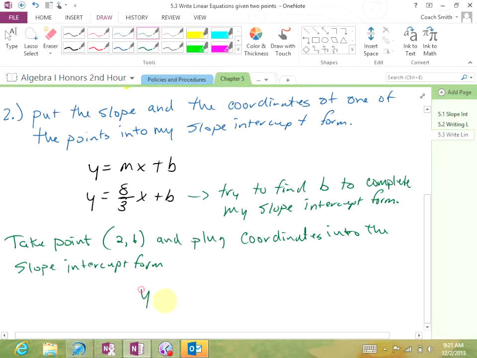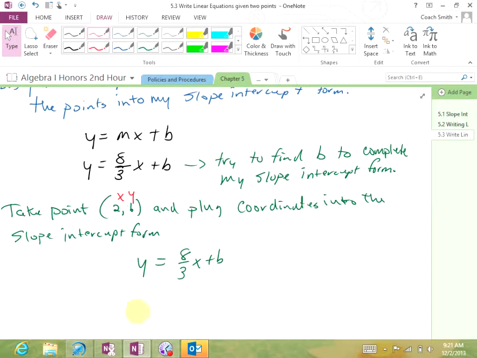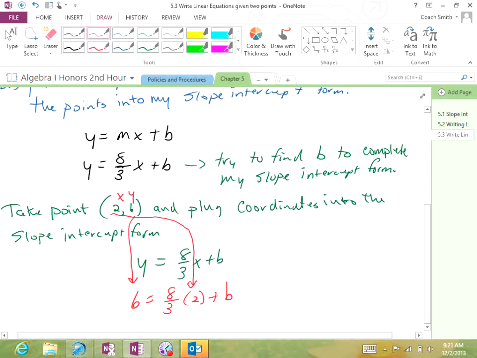Okay, so that gives me y is equal to 8/3 x plus b. Here's what we're going to do. The 2 is x, the 6 is y. So that gives me 6 is equal to 8/3 times x, which is 2, plus b. In other words, I plug this in there, and I plug that in there.